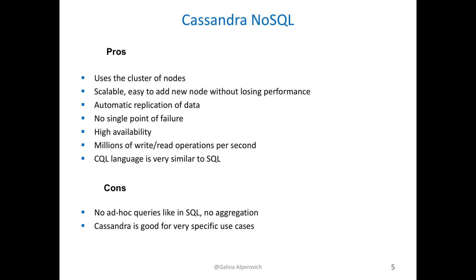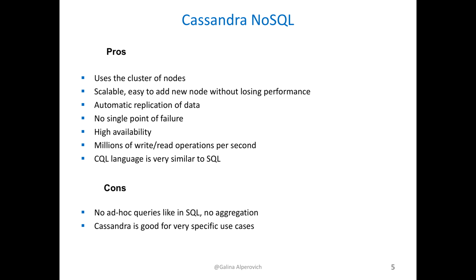Cassandra has no single point of failure. It means if some node fails, the entire system won't stop, and it's a very good property: it has high availability. Also, the Cassandra database can perform millions of write and read operations per second.